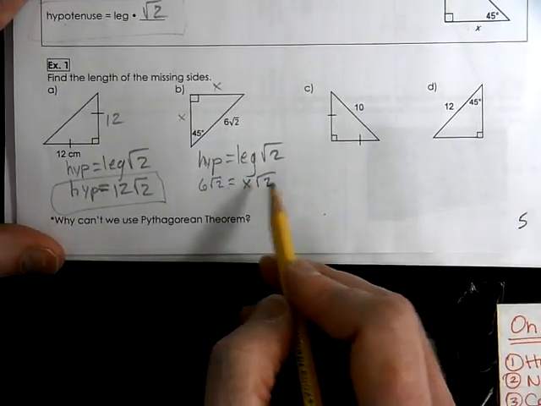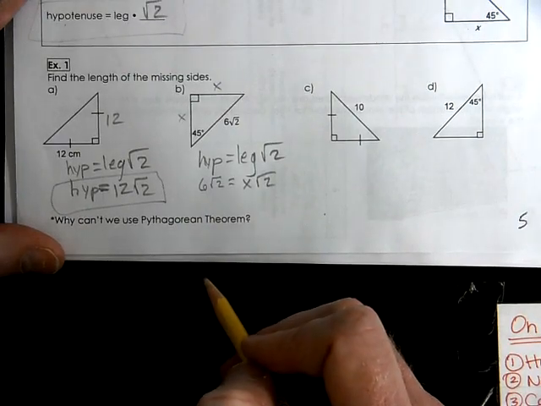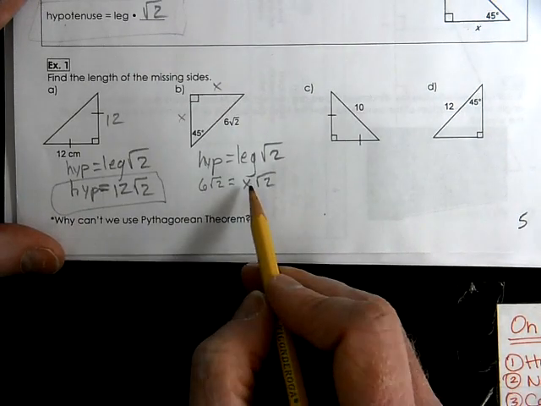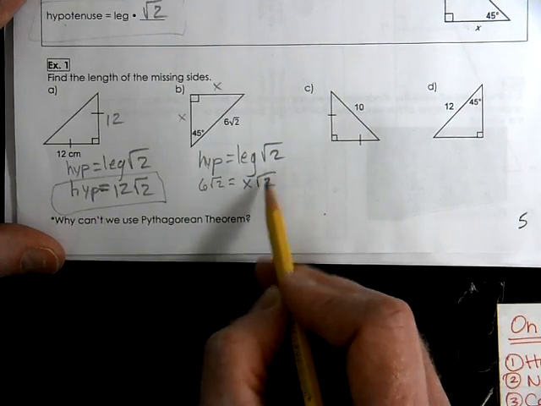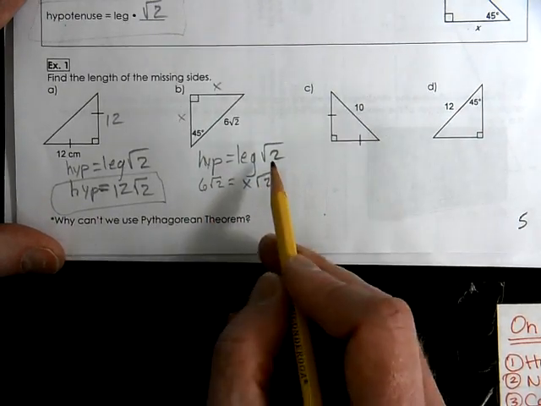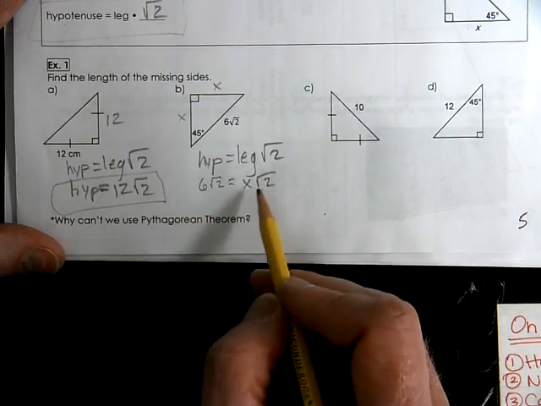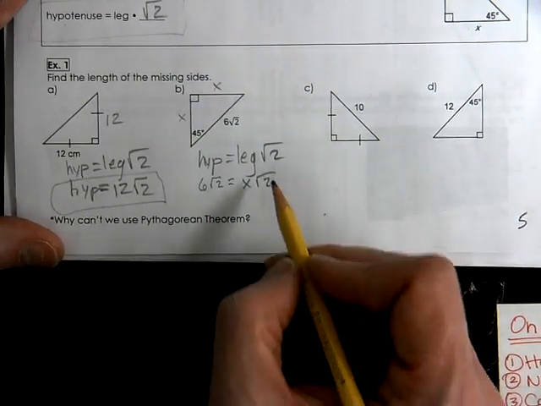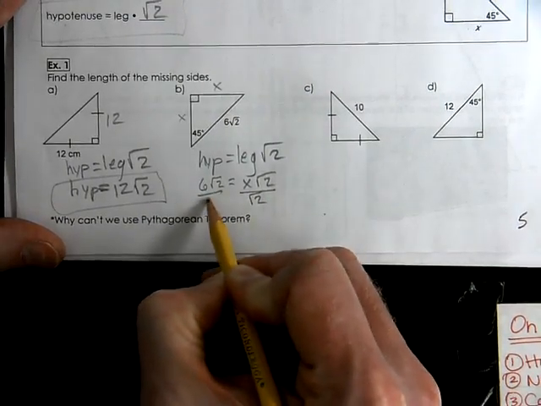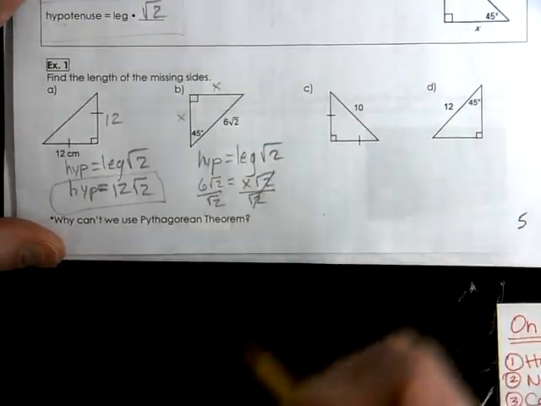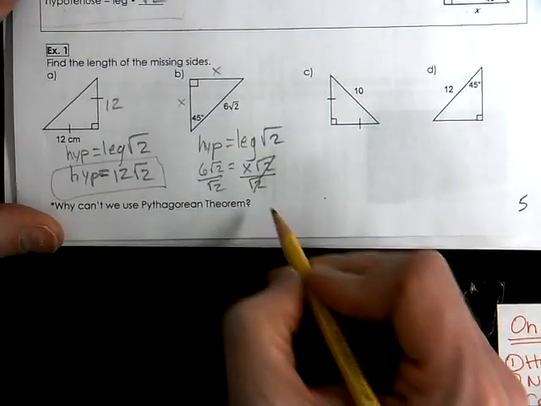How am I going to get the x by itself? What's with the x? The root 2. So we're going to get rid of this square root of 2. And how do you get rid of it? You do not subtract it. You divide it. So when you divide it, the root 2's cancel out.